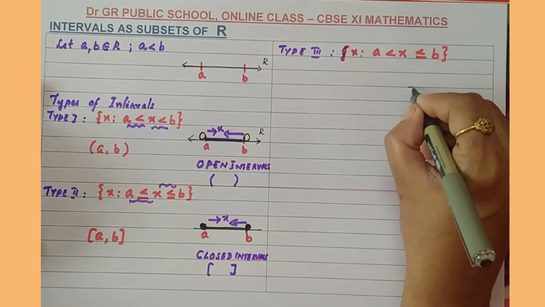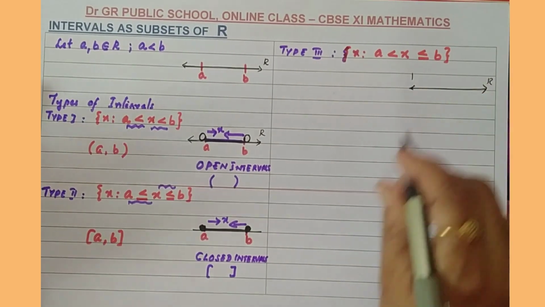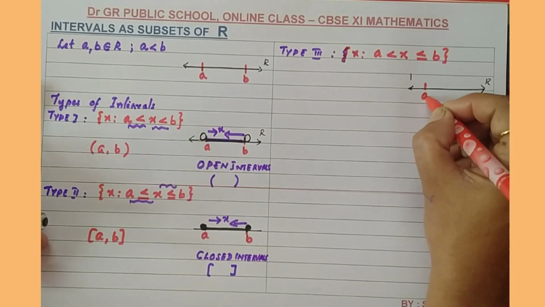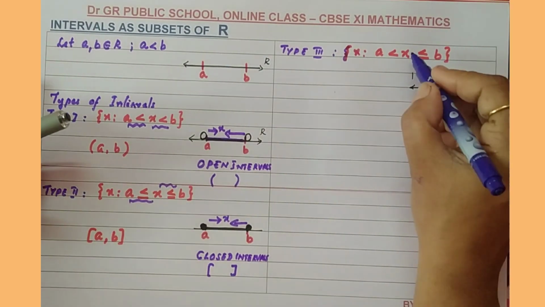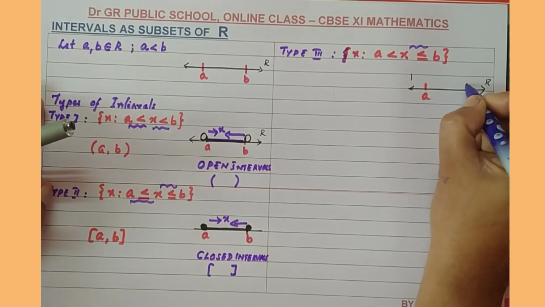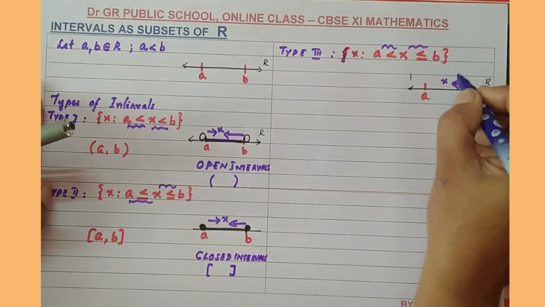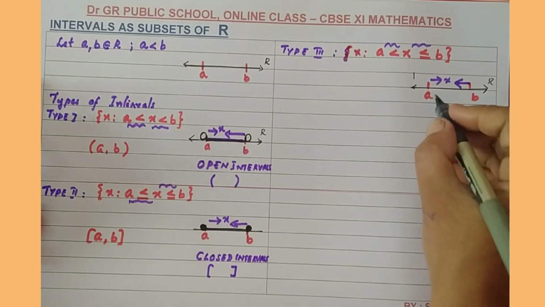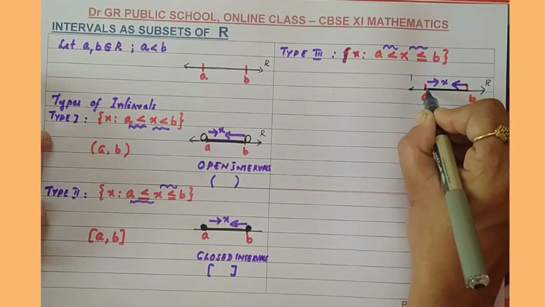Again, I am going to represent it on the number line R, in which the condition given is A less than B. From this part, you can say that x is less than B, and from this part, you can say that x is greater than A. Thus, all the elements between A and B are included in the set.